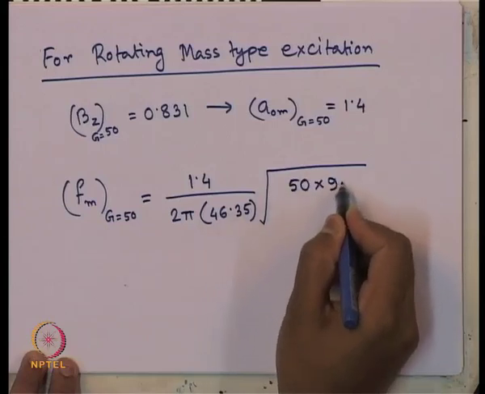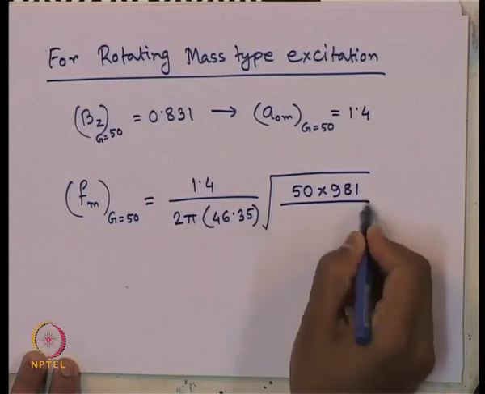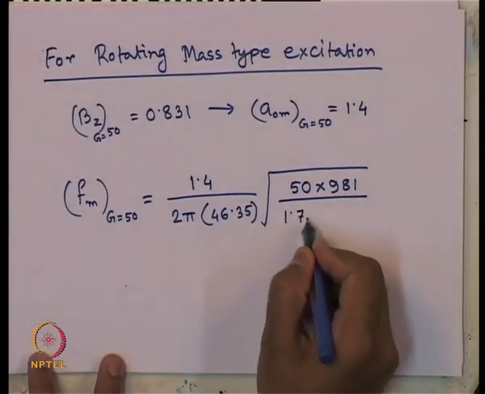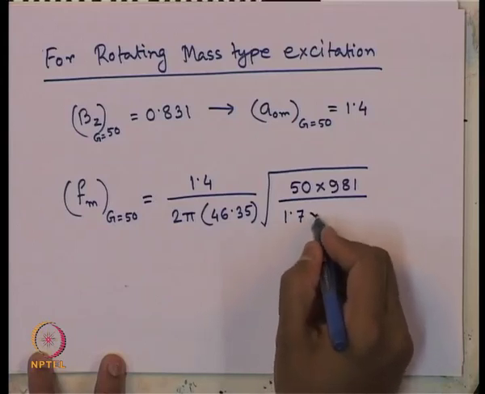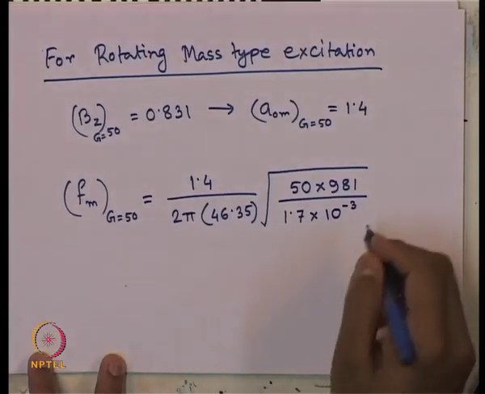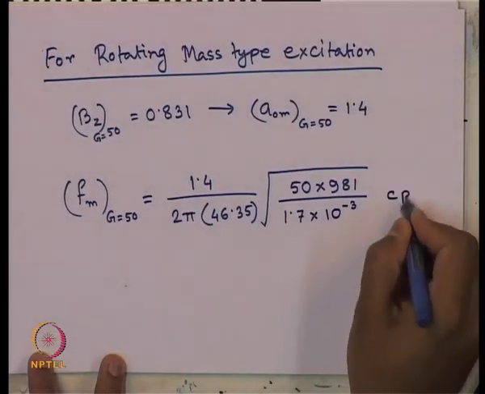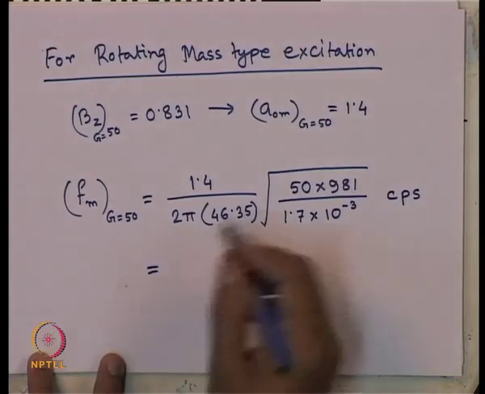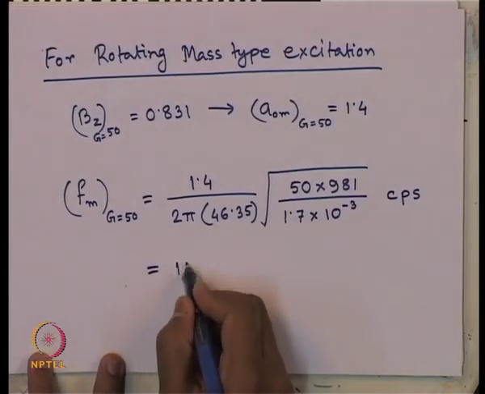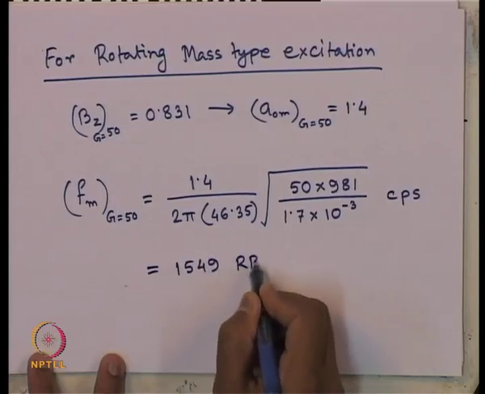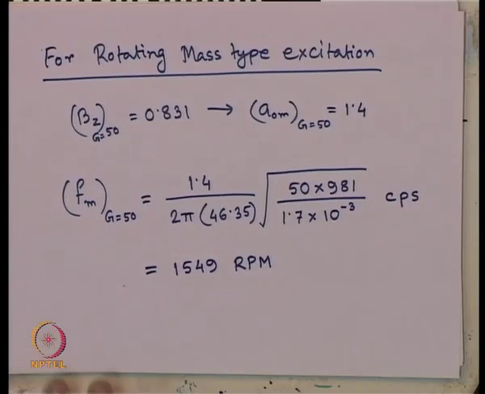I have to multiply it with 981, that is the acceleration due to gravity, to take care of the unit weight here, gamma instead of rho. Okay. So, so much in CPS, cycles per second, which we need to convert to RPM. So, 1549 RPM. Now, the calculations are clear.